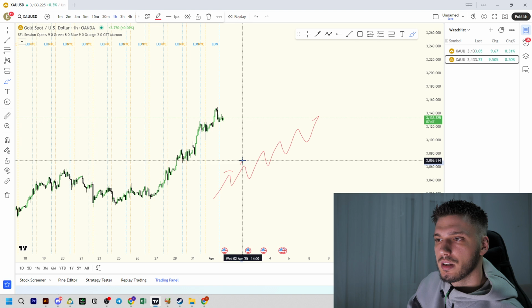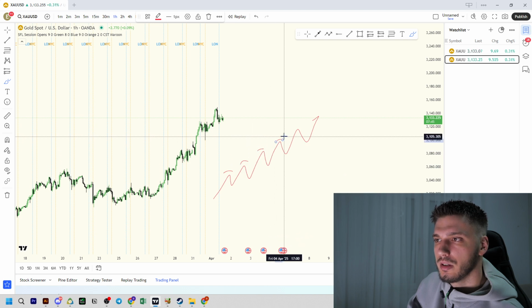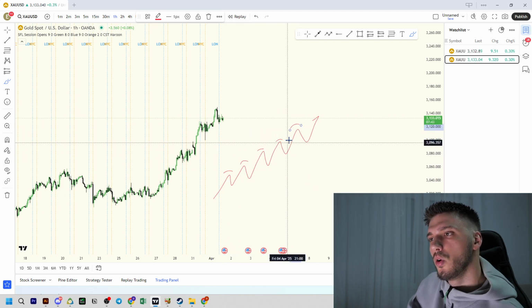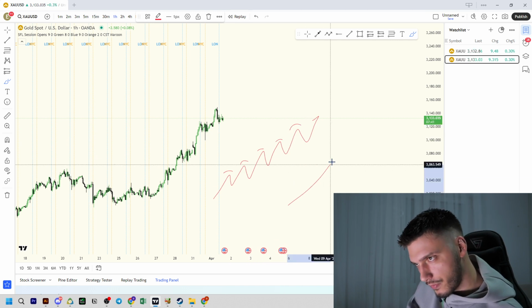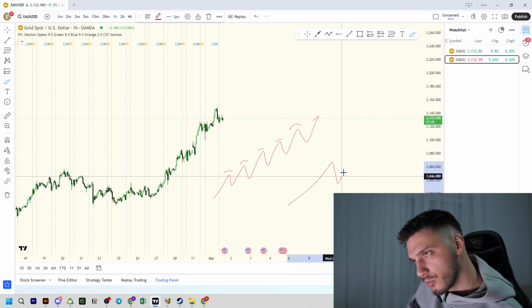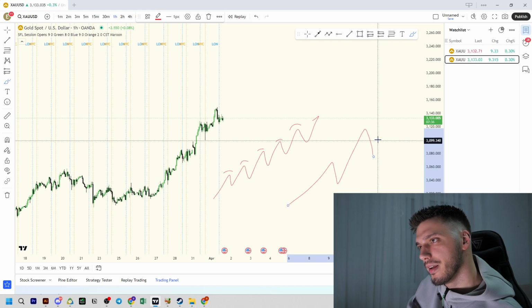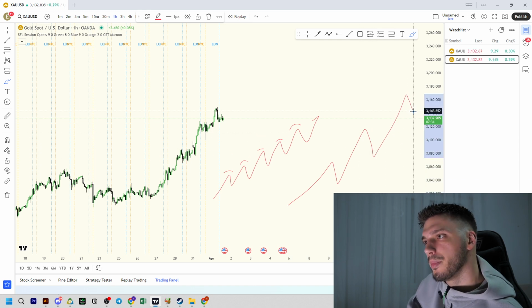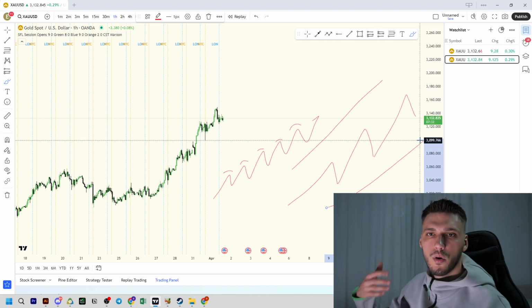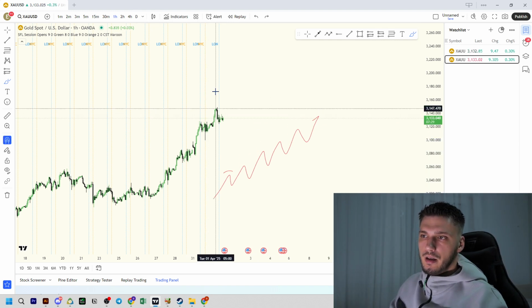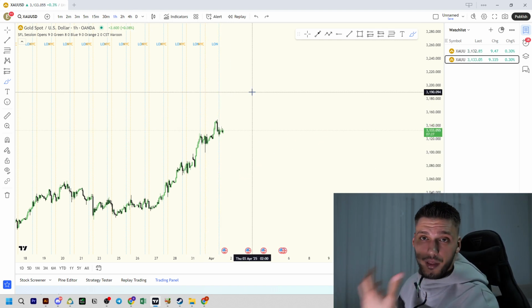We always create these little mountains and we keep going higher and higher, because that first move up is higher than the second one. We still go up and then a little back and then up and a little back. This is how a trend gets formed. That was the example with the uptrend.